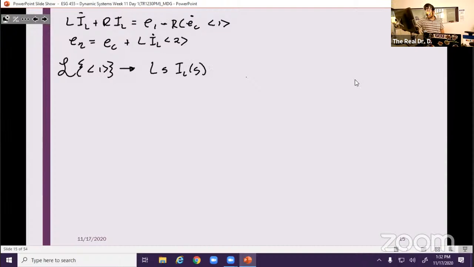Equals plus R I_L of s, and then R C s E_C of s. So I end up with this. Where did that come from?